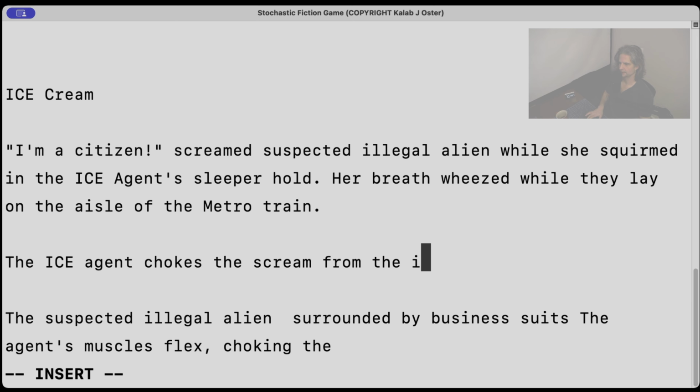From the suspect. It's got to be a he. I mean, predominantly it's male gender, at least from the data I've witnessed. I've got to say I'm in a supposed battle zone, but I haven't seen any real life ICE agents.